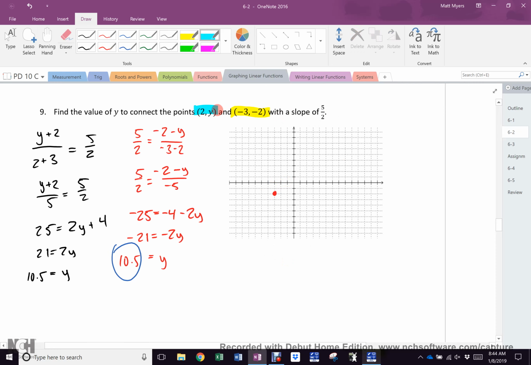No, it can't be a point. I can't because I don't know the y value, but I know the x value, yes? So that point lives somewhere on this line because that line is x equals 2. Somewhere on that line is where that point lives. That's why the dotted line is there. Okay?